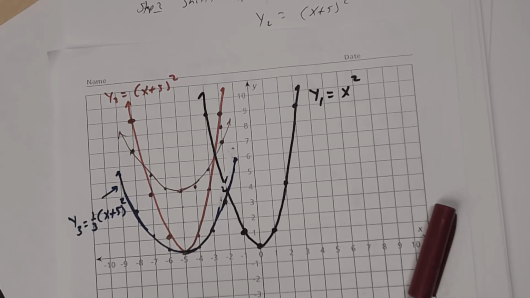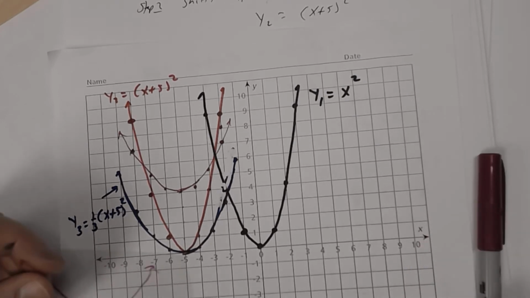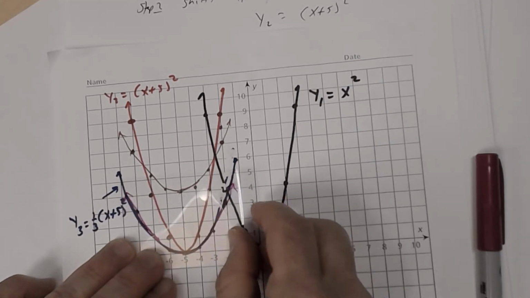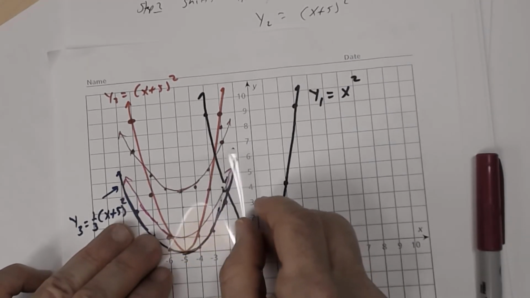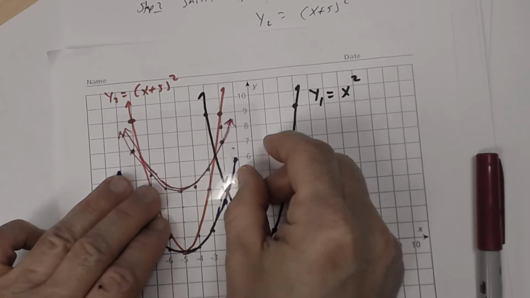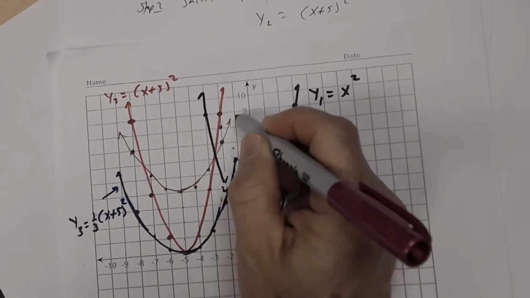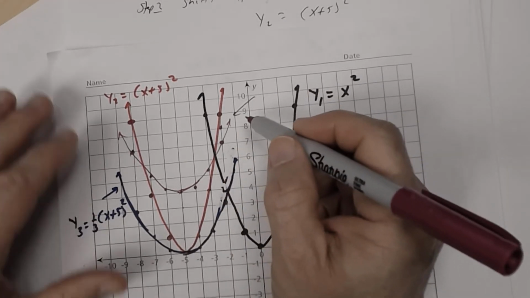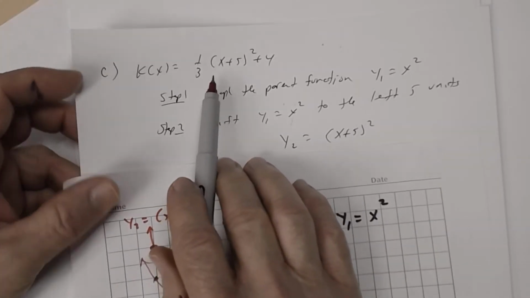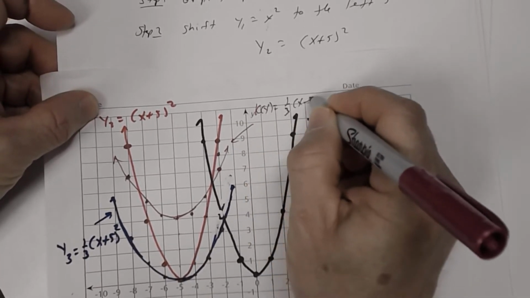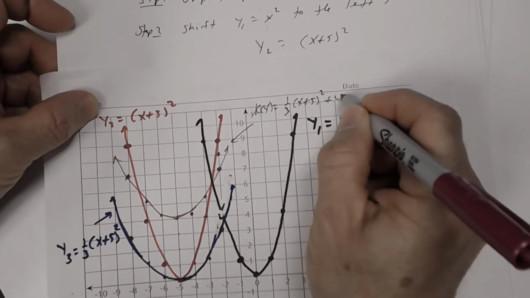But look at this real quickly. So notice that I had to take this right here, right? Take this right here and then shift it up 4 units. 1, 2, 3, 4. And I get this. Okay? So you got to tell me what this is though. So this right here is our final graph, which was this. So k of x equals 1/3 x plus 5 squared plus 4.